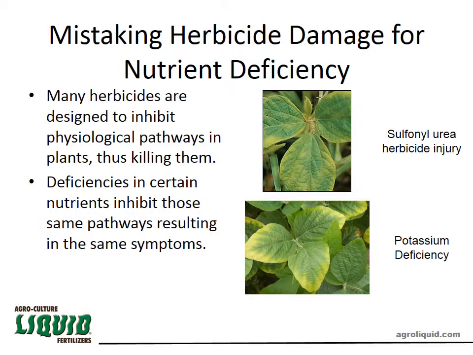So many times, again, that herbicide injury and that nutrient deficiency symptom look very similar with the naked eye as we're walking through those fields, but we want to make sure that we are looking at the correct nutrient deficiency or herbicide injury there, and don't jump to conclusions and add something additional that's going to cost us money.